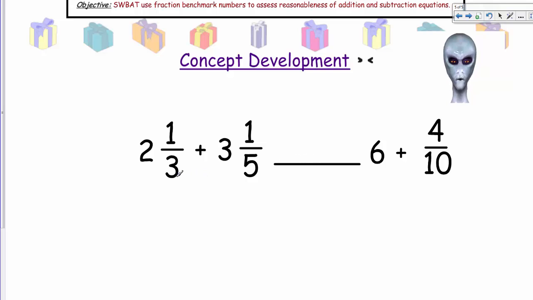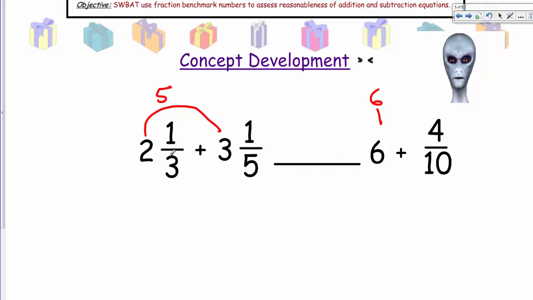I'm going to first add up the whole numbers on the left-hand side, and then I'll go ahead and compare them, because they're larger place values. And when I look at the 2 and the 3, of course, I see 5. And over here, I see 6. Pretty close in value there. Now, if the whole numbers are equal, then I'd estimate the fractions too and compare them.